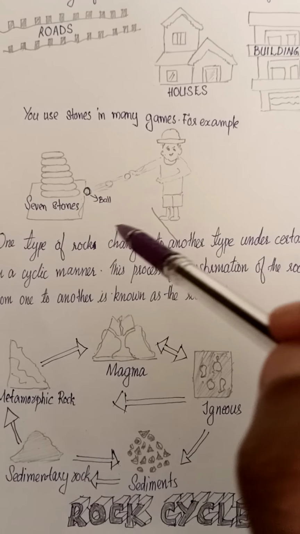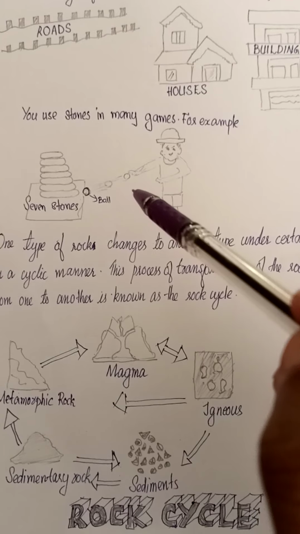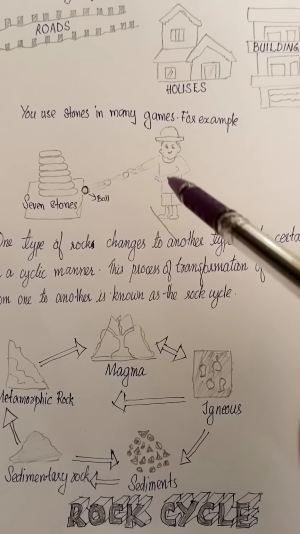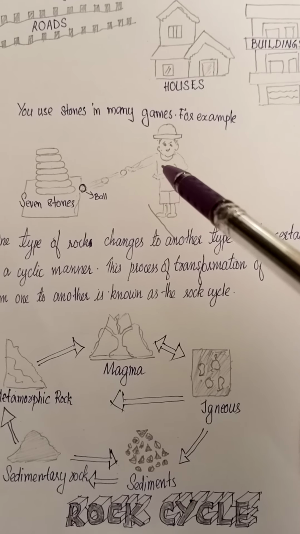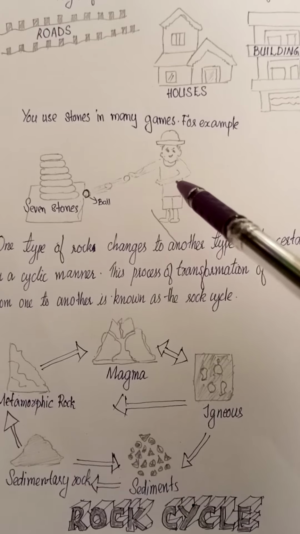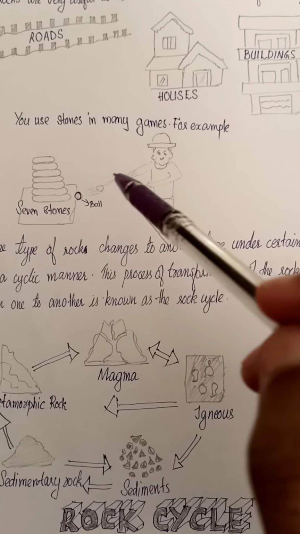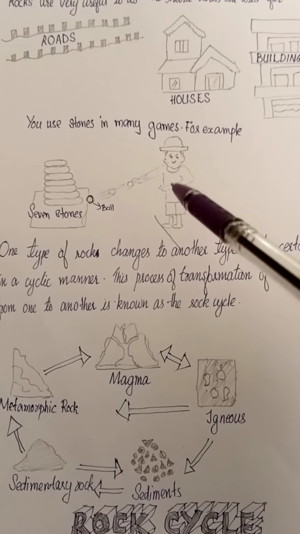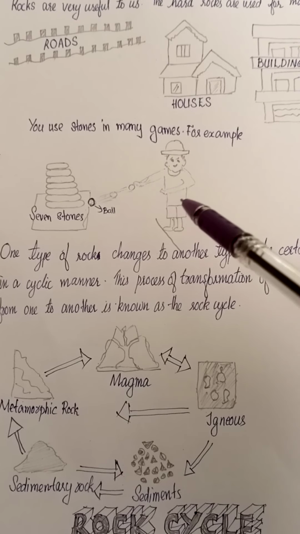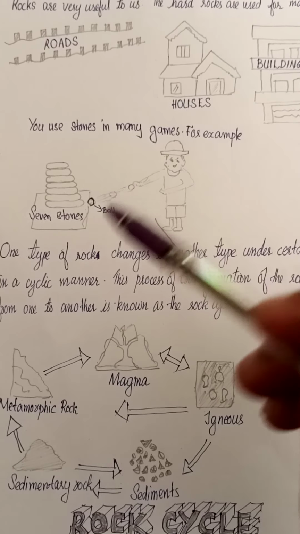There are several games with stones. You can ask your grandparents or parents what games they played with stones at that time. Maybe they played different types of games. Inquire about this, find answers from them, and tell me next class.